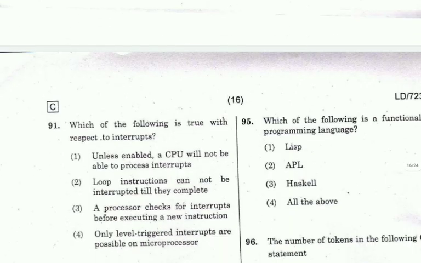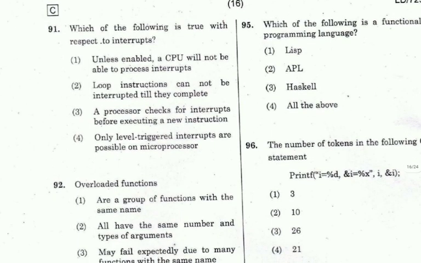Which of the following is true with respect to interrupts? Interrupts are external or internal signals that notify the CPU to halt its current execution and respond to an event. Option 1 is true because interrupts need to be enabled for the CPU to process them. Option 2 is incorrect because loop instructions can be interrupted.